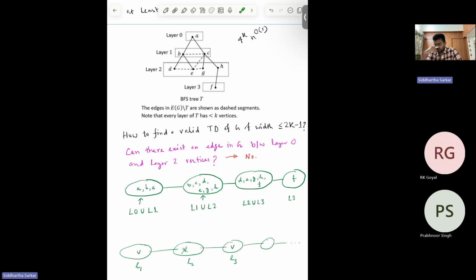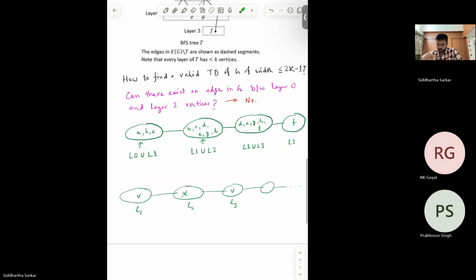Then how can it look? Let's see. There is a root, there is a path, and this path leads you to L1, and you consider this entire path as part of bag 1.